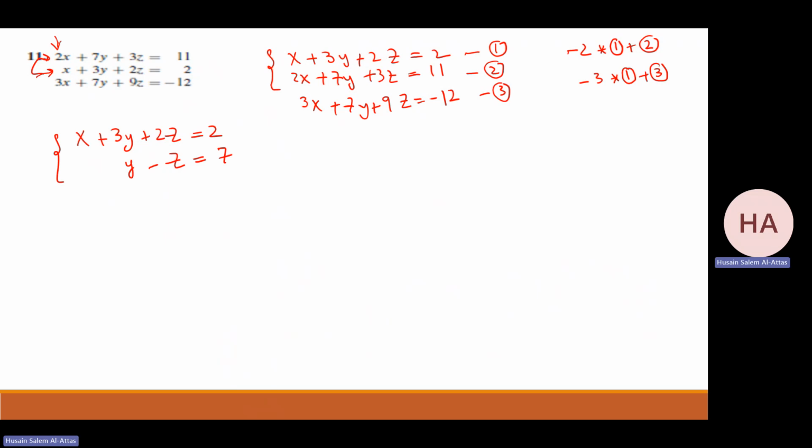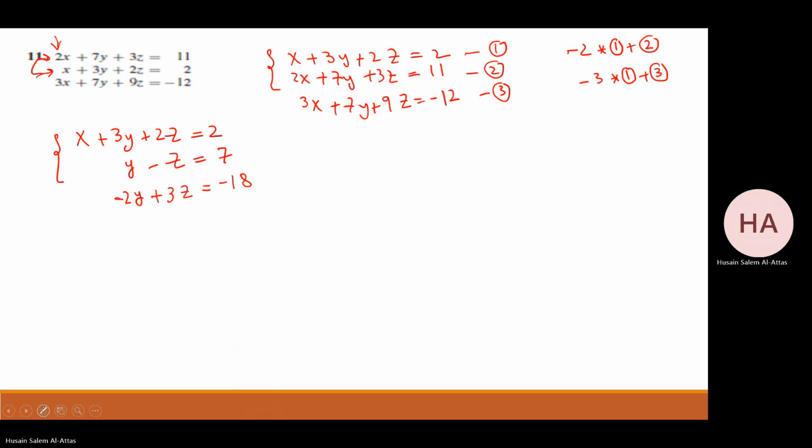Multiply the first equation by minus 3 and add it to the third one. So I eliminate x. Minus 9y plus 7y, that will be minus 2y. Then minus 6z plus 9z, that will be plus 3z equals. Now, multiply the first equation by minus 3, that will be minus 6, minus 12, minus 18.